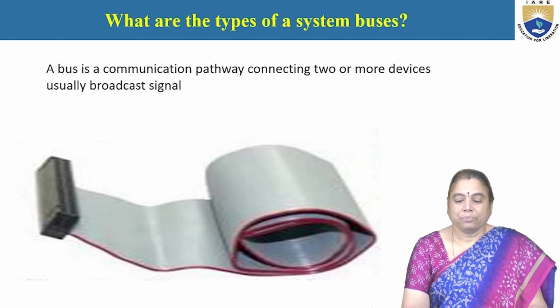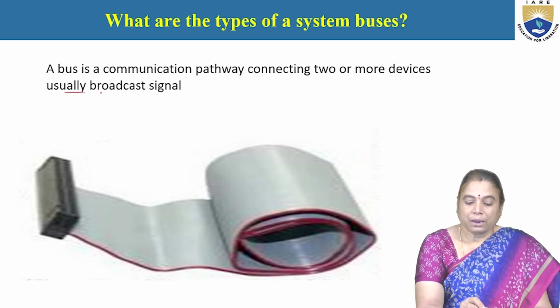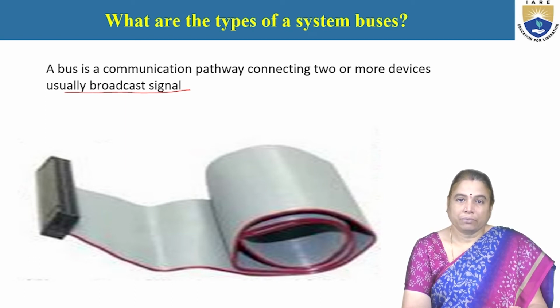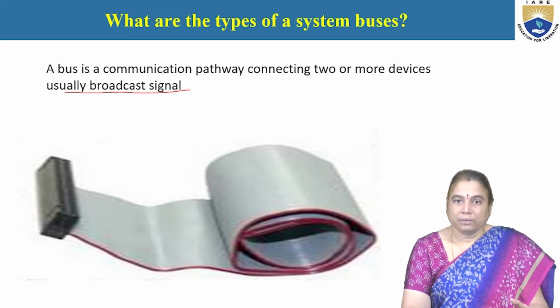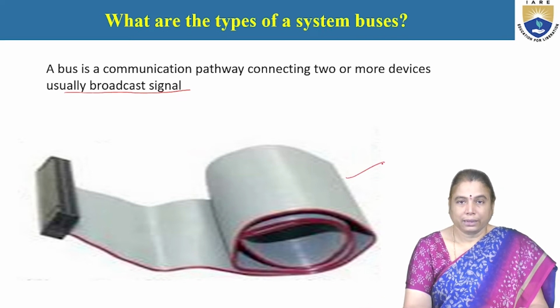Next, what are the types of system buses? A bus is a communication pathway connecting two or more devices, usually broadcasting signals within the computer. So the communication path that is established between the devices in a computer is a bus, the system bus. The layout of the bus is generally like this.